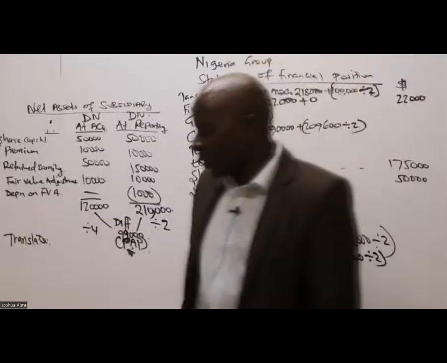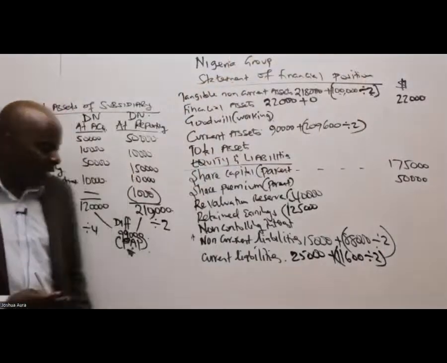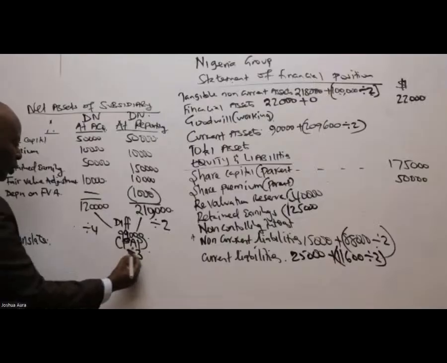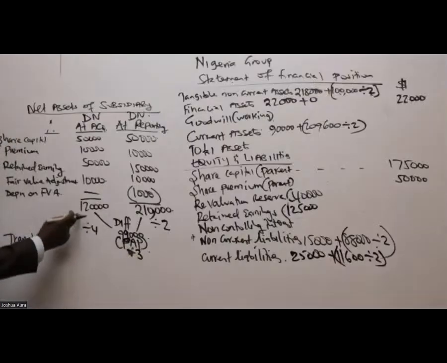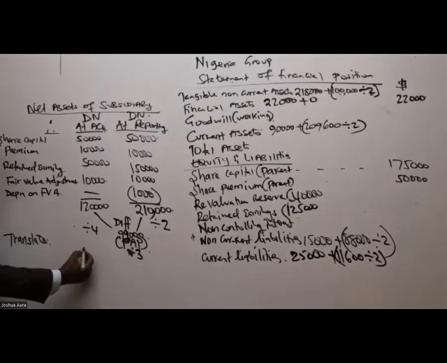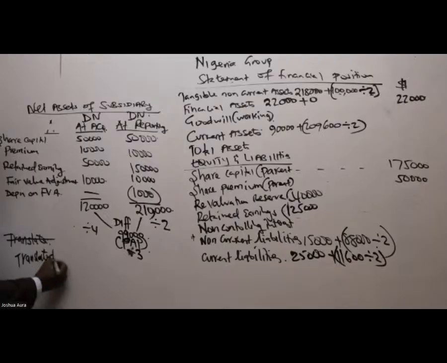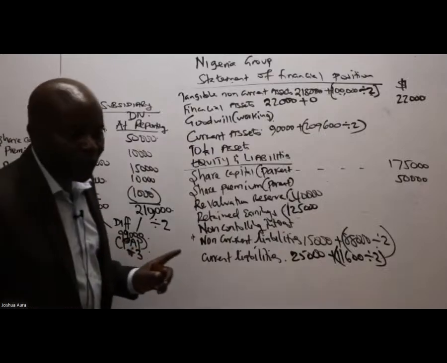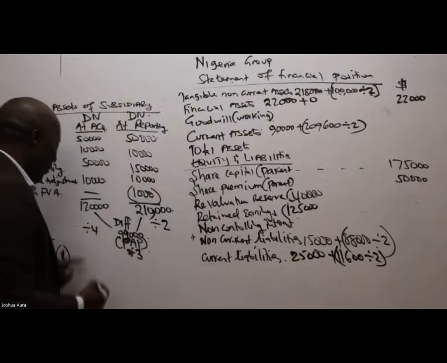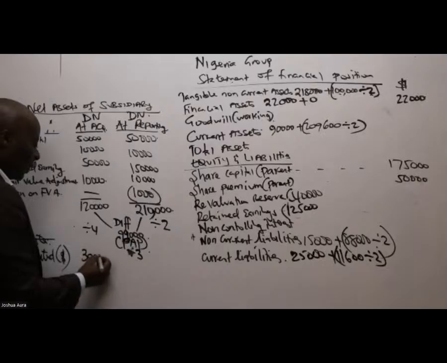Could you kindly give me these translated figures? Give me the net assets at acquisition, how much I write here. I want to write the translated figures here, translated using different rates. Now I'm talking of dollars, right? 120 divided by 4, somebody is giving me a figure of 30,000.